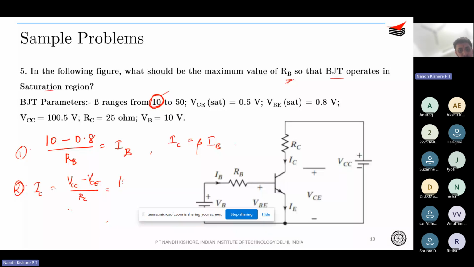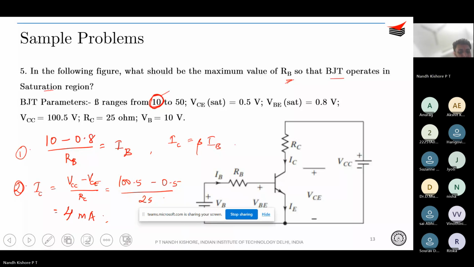VCC is 100.5 minus VCE is 0.5, divided by RC, which is 25 ohms. So this turns out to be 4 milliamps. So IC is 4 milliamps.